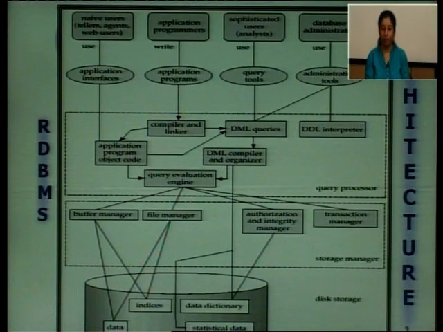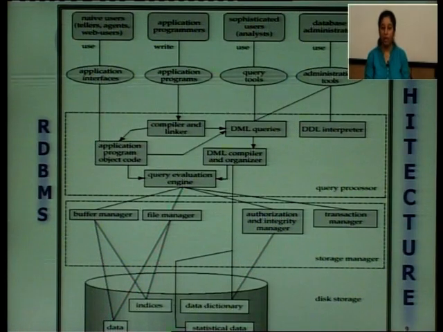Next very important is known as the database management system architecture. This is a very important concept, very important slide. You can say in our database system, in the whole system, the database includes important users. The first one is known as naive users, then application programs, then sophisticated users, then database administrator.